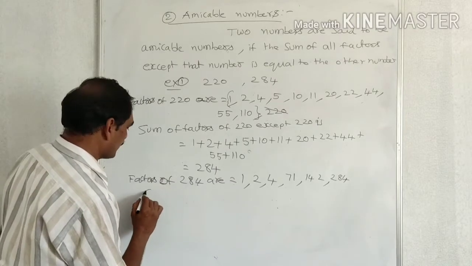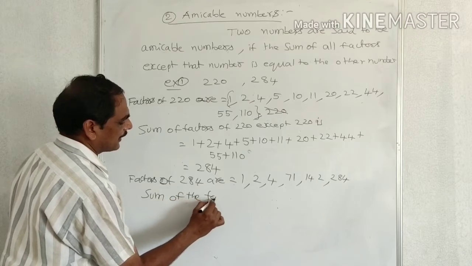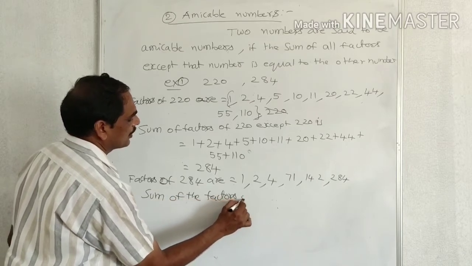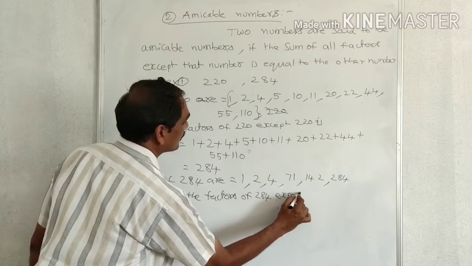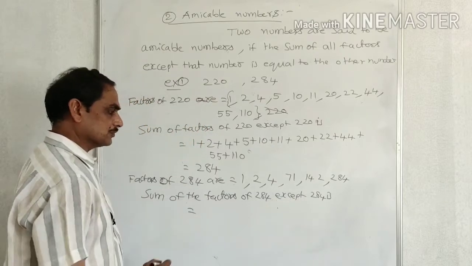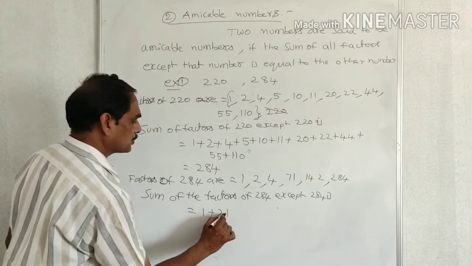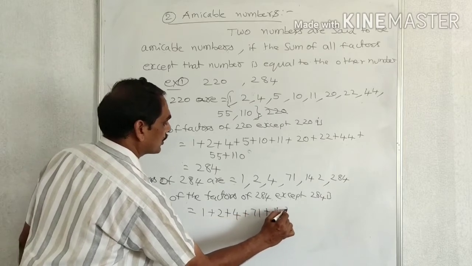Now, the sum of the factors of 284 except 284 is equal to 1 plus 2 plus 4 plus 71 plus 142.